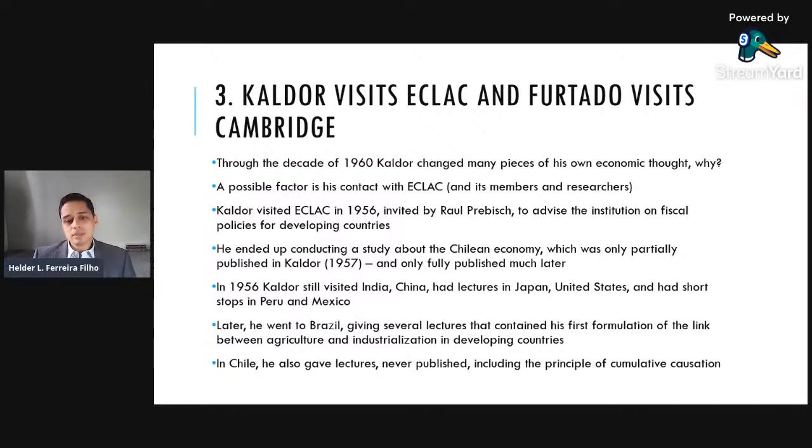Later, he went to Brazil, giving several lectures on many topics, including, for instance, his first formulation of the link between agriculture and industrialization in developing countries. In Chile, he also gave lectures that were never published, including on the principle of cumulative causation, later.